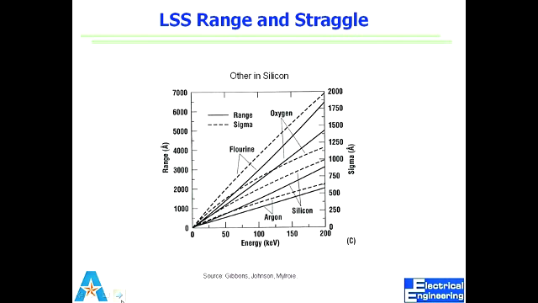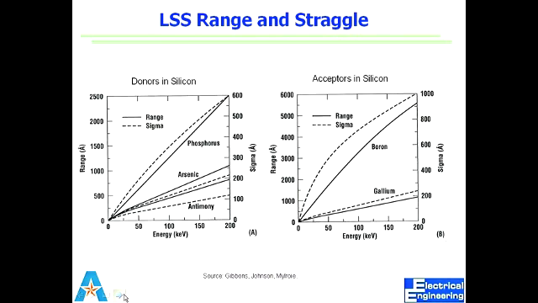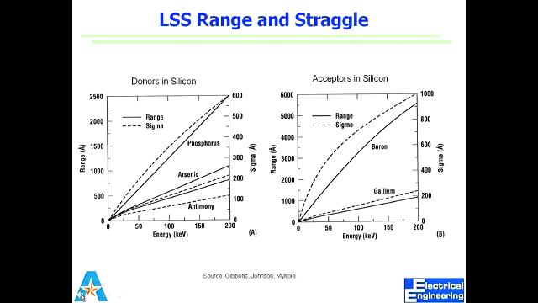So others: fluorine, oxygen, silicon, argon. But if you look at the ranges, that's why we call them fast diffusers, right? They go through quickly. Oxygen at, say, 100 can be 2500 angstroms, and at 100 it's barely less than 1500.